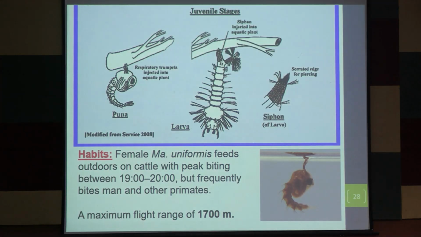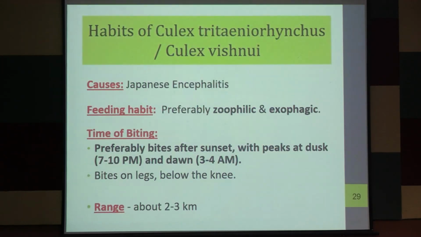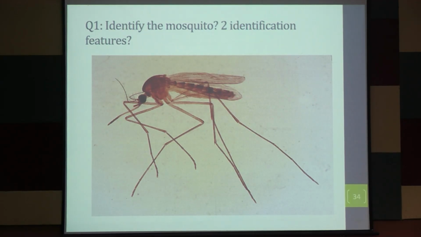These are not important. Habits you all know, but the flight range is 1700 meters, not much. This only. What is the mosquito? Is it matching Aedes? Is it matching Culex? Is it matching or not?